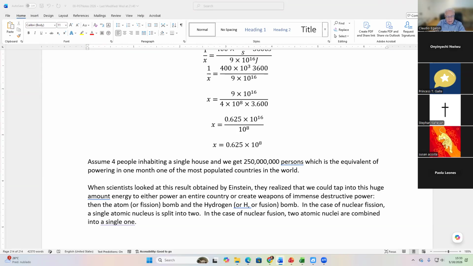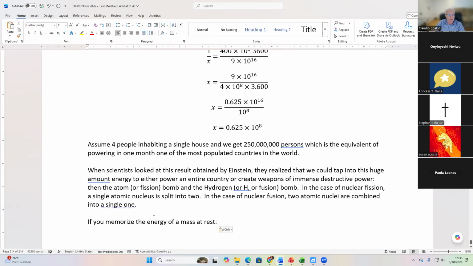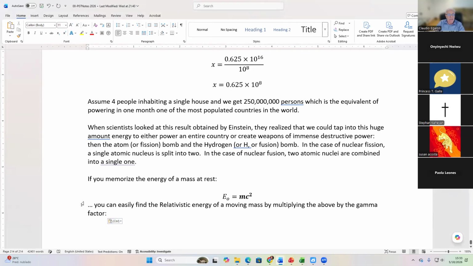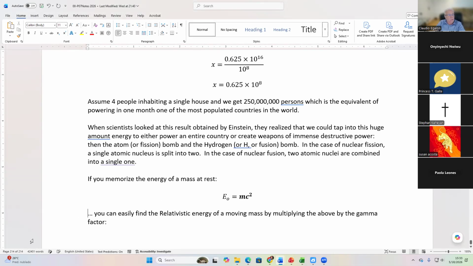Now, if you memorize the energy of a rest mass, it's not going to be difficult to memorize the relativistic energy of a moving mass. The relativistic energy of a moving mass is just the factor gamma multiplied by the rest energy.